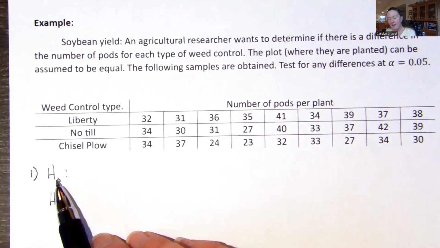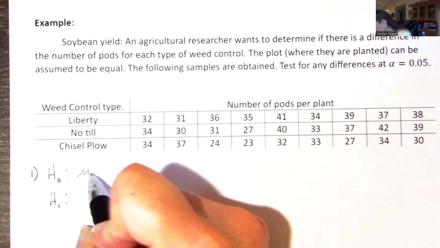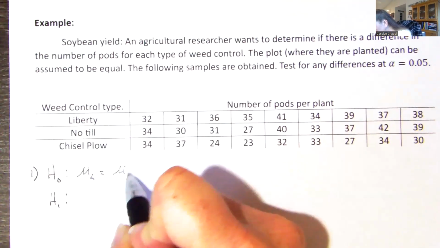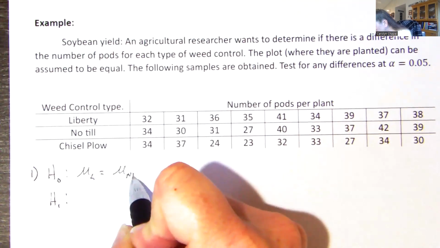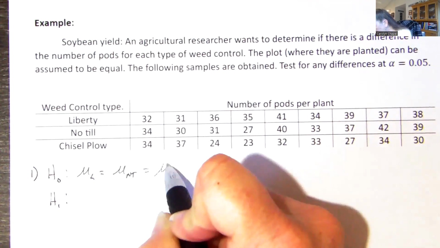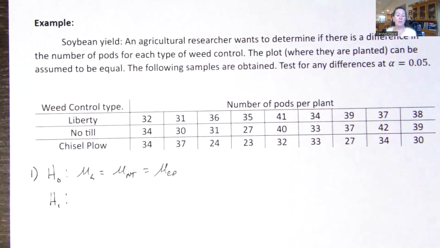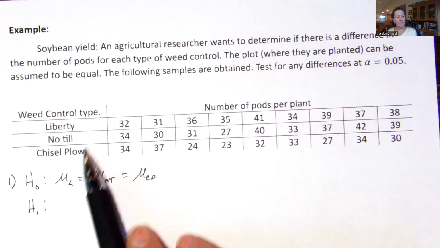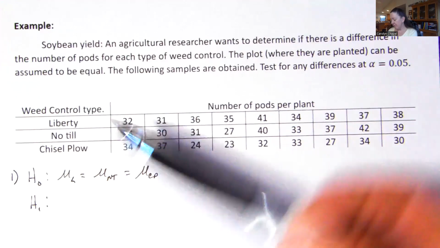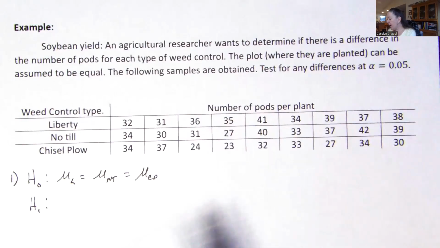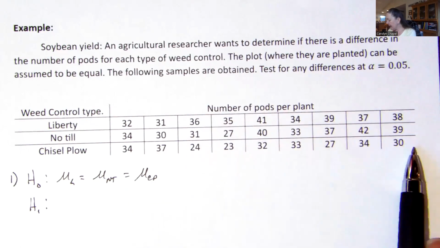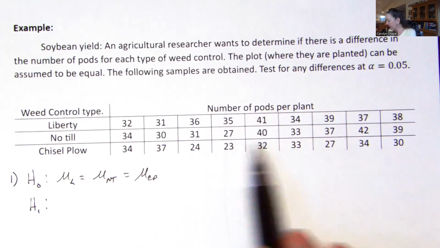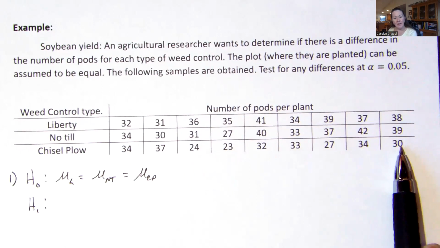Okay, so H naught is that the mean of Liberty is the same as the mean of no-till, I'll just use NT, and the mean for chisel plowing, so that those three are the same. We could have had other types, like other sprays that we were testing. We also have the same number in each of our samples.